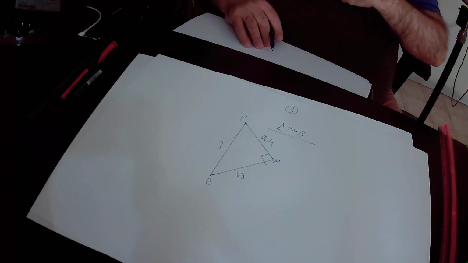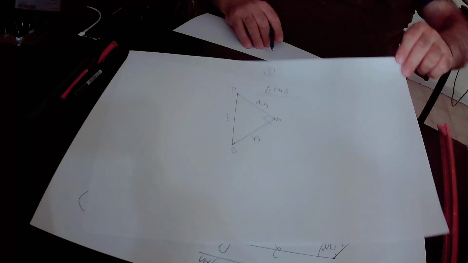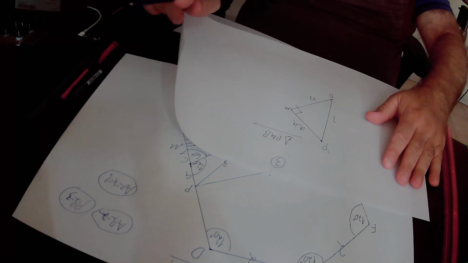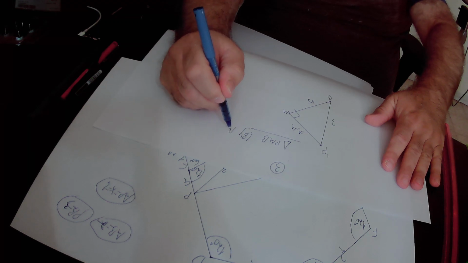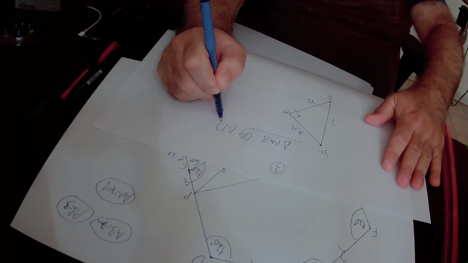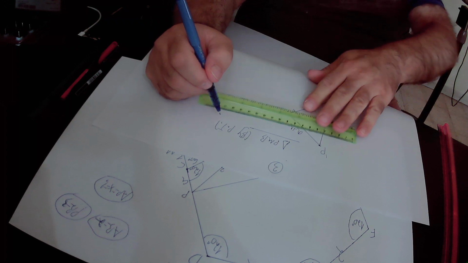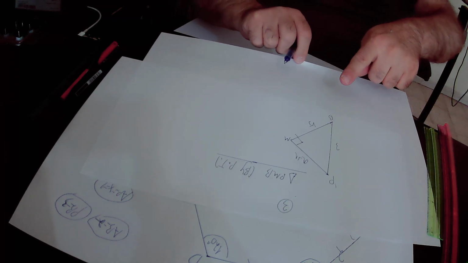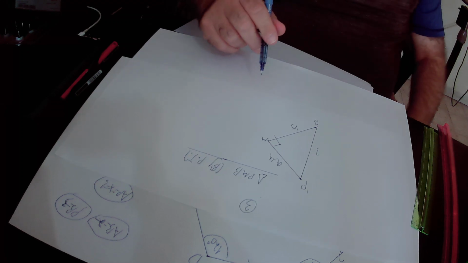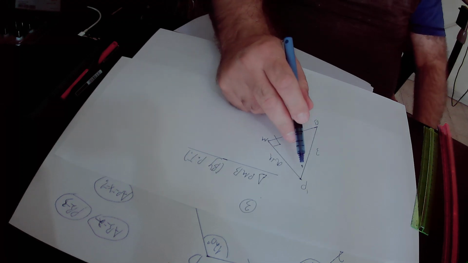So we'll apply the Pythagoras theorem to this right triangle PMB. According to the Pythagoras theorem, in any right triangle, the square of the hypotenuse equals the sum of the squares of the perpendiculars, and especially in the right triangle PMB, the hypotenuse is PB.